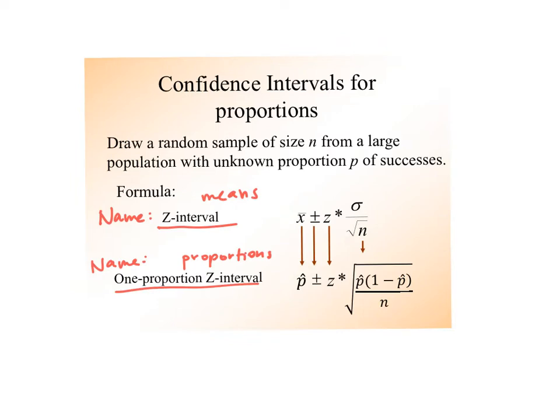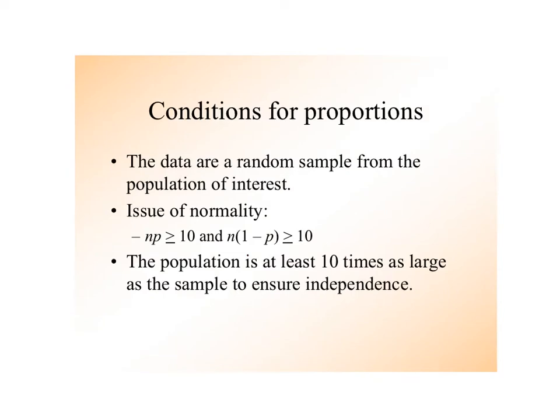Now, the next thing I want to talk about is the conditions. Again, I just want to reiterate, because it's on the slides too, so I want to make sure that I cover it. We have to check, was the sample that you collected random?